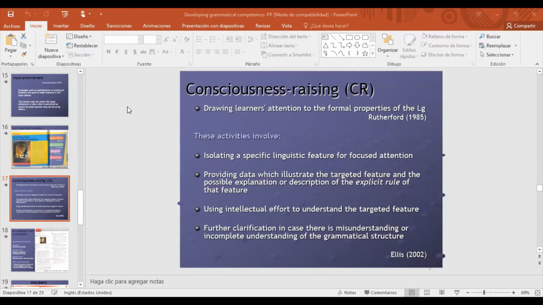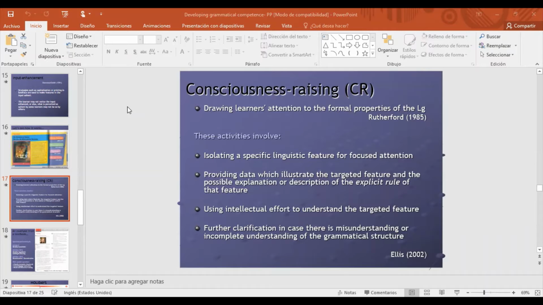That is maybe more related to structural activities, because the linguistic features are not presented in context, but they are isolated, and the whole attention is directed towards that linguistic feature.